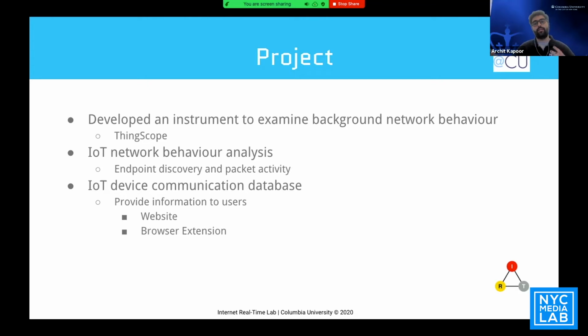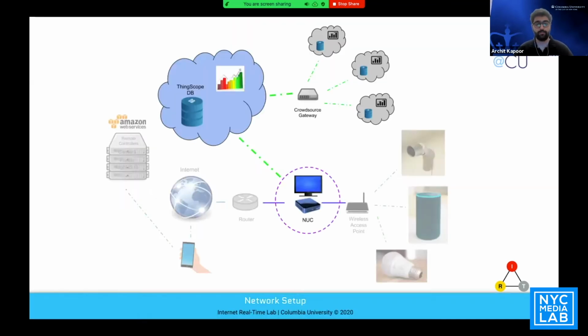And once we have data on multiple devices, we generate a lot of data and we store it in a cloud-based database, which is the second part of our project. And this database is used to provide information to users through a website or a browser extension.